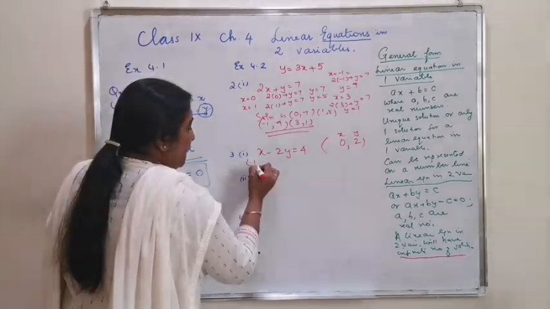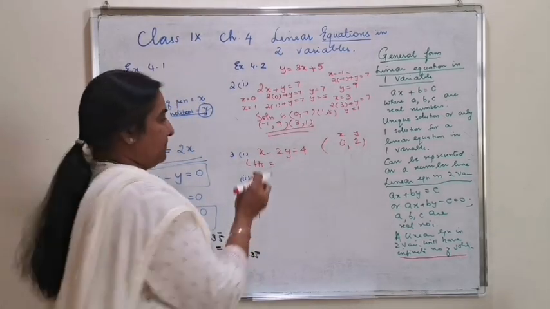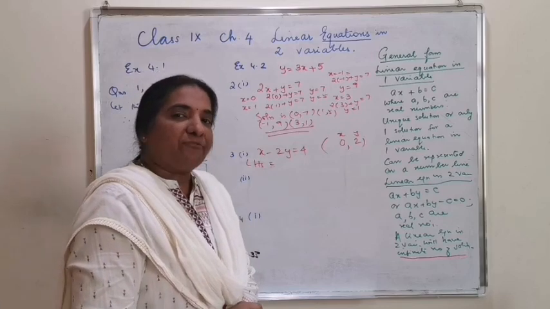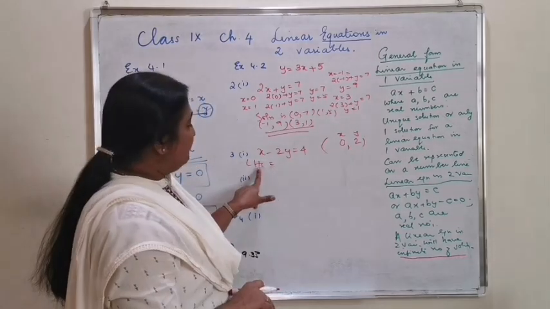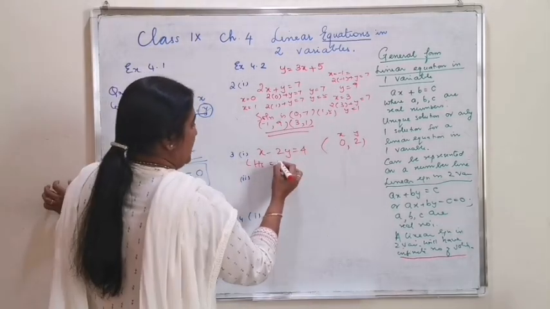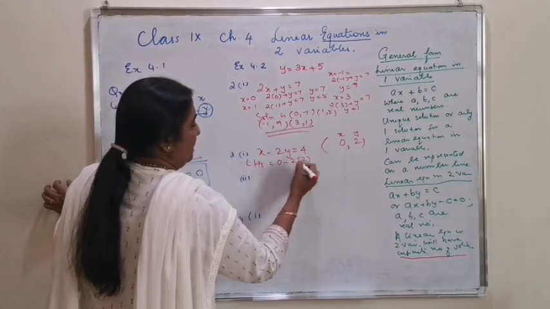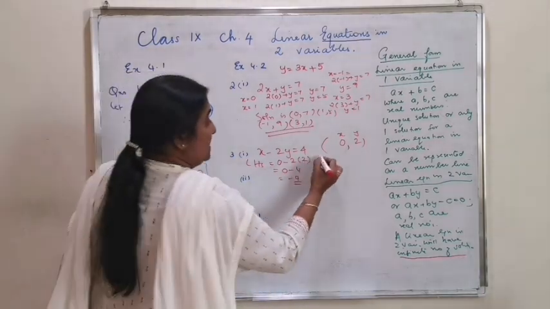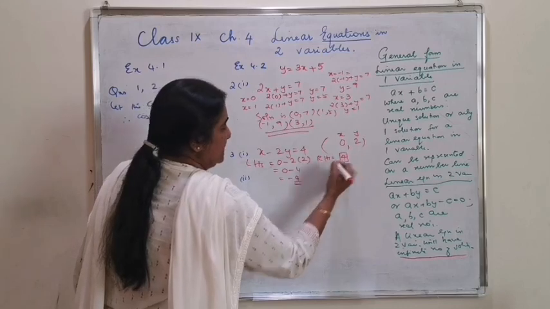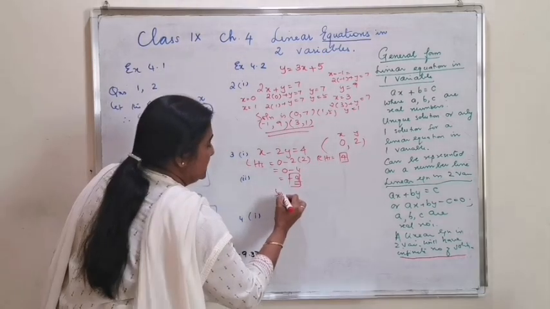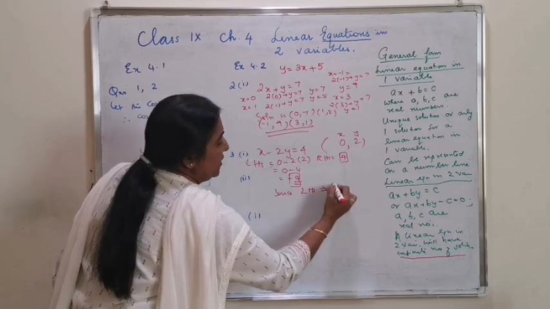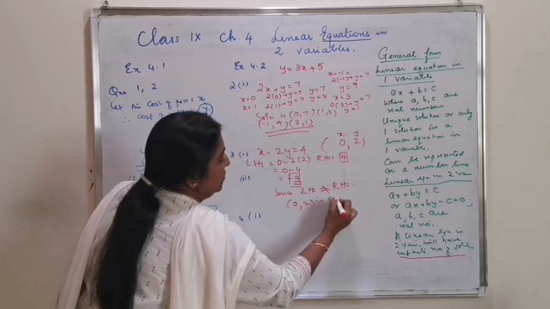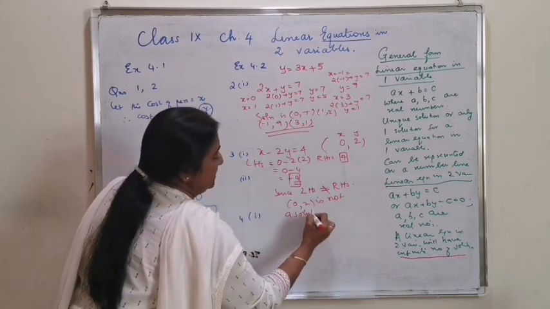We don't know whether it is true or false, so you have to start the workout as left hand side, or LHS, equal to 0 minus 2 into 2, which is equal to 0 minus 4, which is equal to negative 4. What is the RHS? The RHS is positive 4. Since LHS is not equal to RHS, 0, 2 is not a solution.